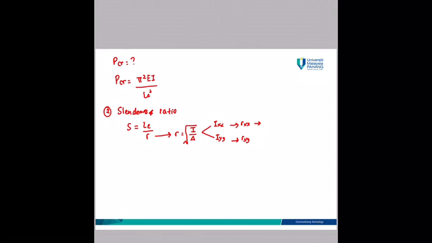Therefore, you can calculate the slenderness ratio for the x-axis and for the y-axis, and determine which axis your column will buckle. After that, you can calculate the PCR, which is the critical load. So let's start with Ixx and Iyy.